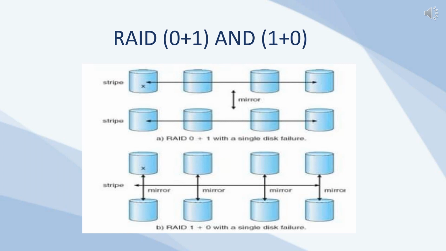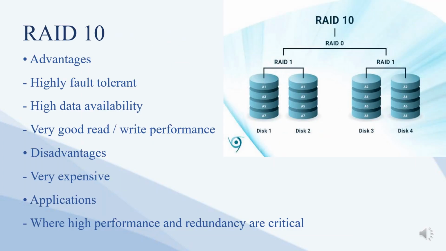The disadvantage is that it requires a minimum of 4 drives and uses 50% of total storage for mirroring. In RAID 10, there are many advantages due to combining the features of RAID 1 and RAID 0. These are high fault tolerance, high data availability, and very good read and write performance. The only disadvantage is that it is very expensive.